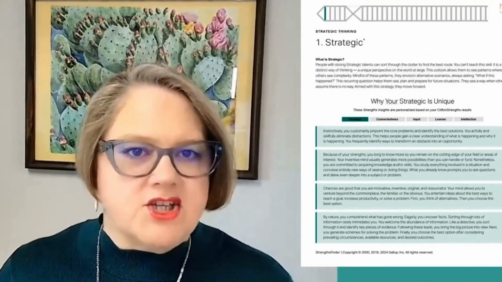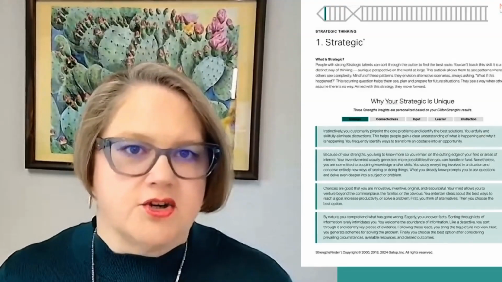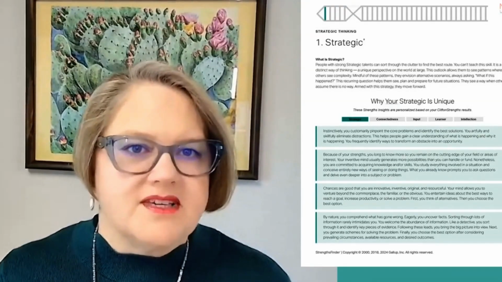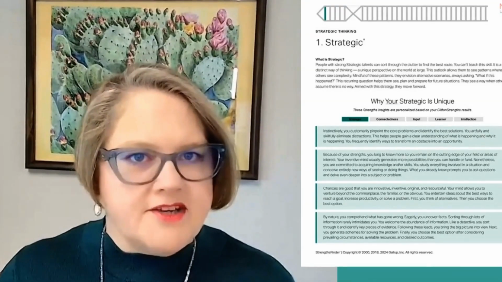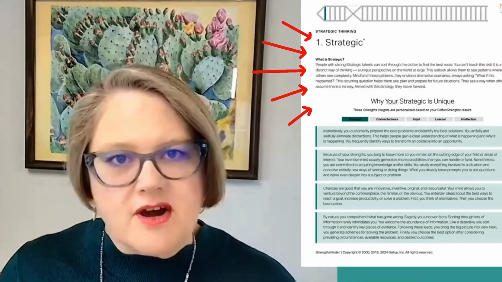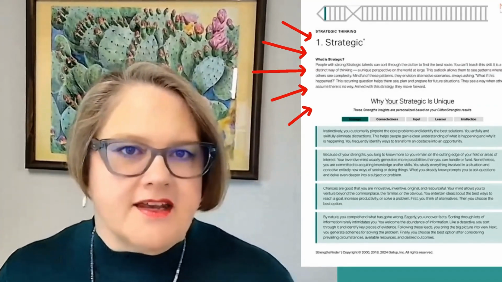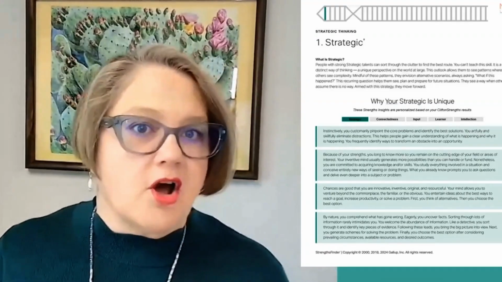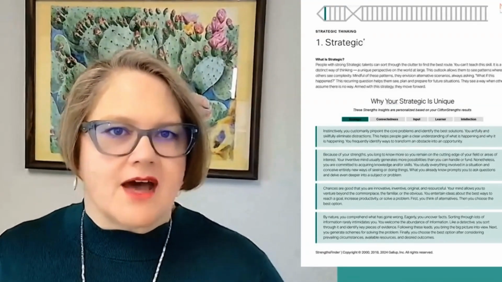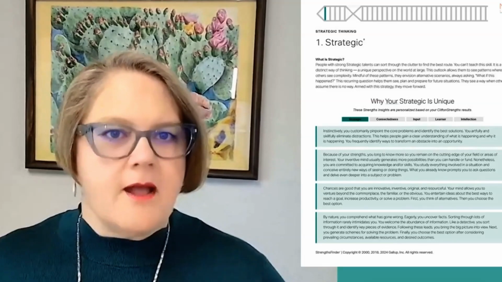And then for each of your top 5 strengths, you're going to have 2 full pages of information. This first page about each strength is going to give you a longer definition. And that paragraph at the top that is not highlighted in green, that is what I would call a generic definition. Everybody who has strategic in their top 5 will have the exact same definition.